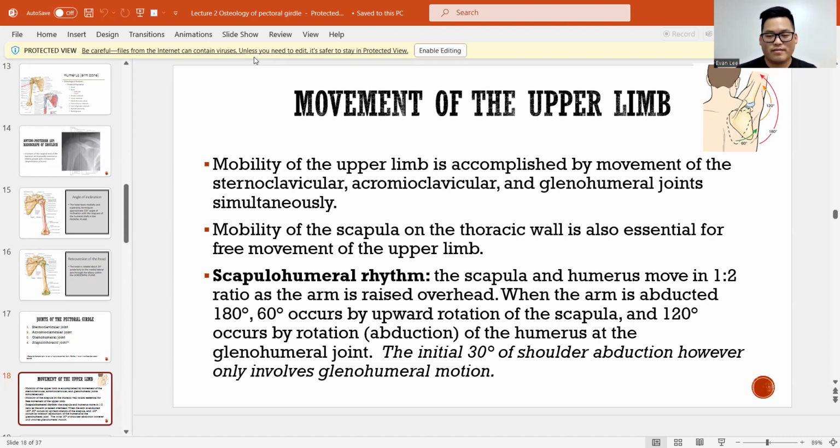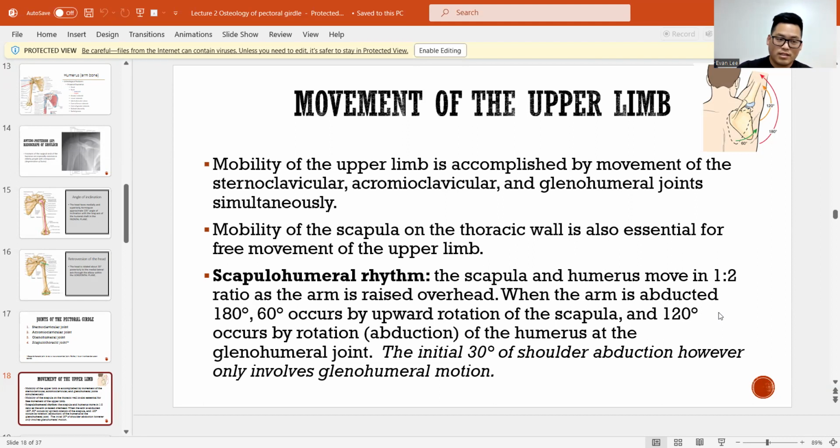Whatever the scapula moves, the humerus will move twice as much. So if you were to move the arm 180 degrees, then the scapula will move upwards and rotate 60 degrees of that 180, and the other 120 will be due to the movement of the humerus.